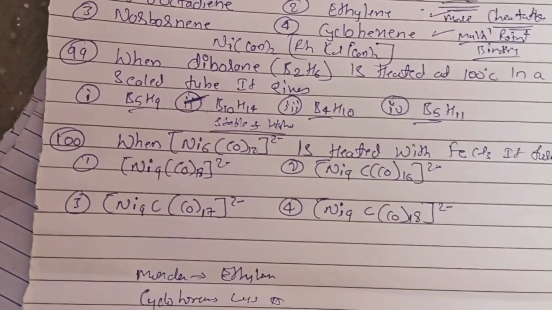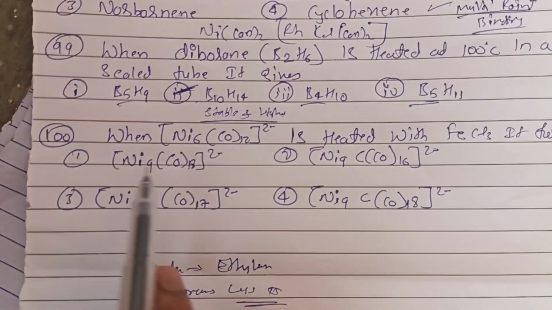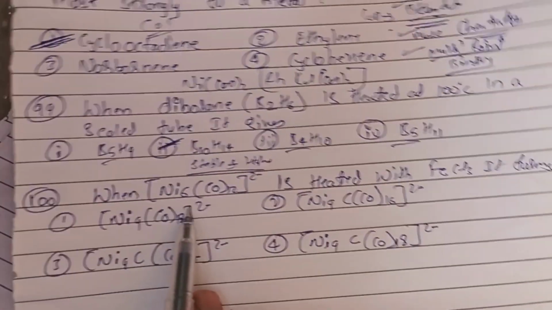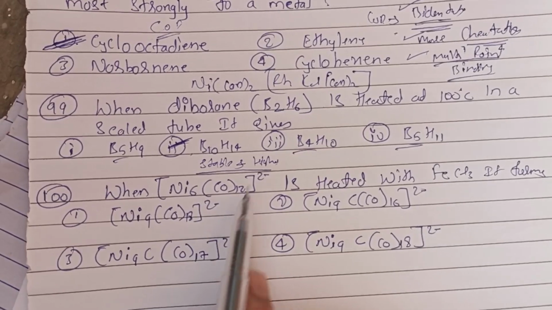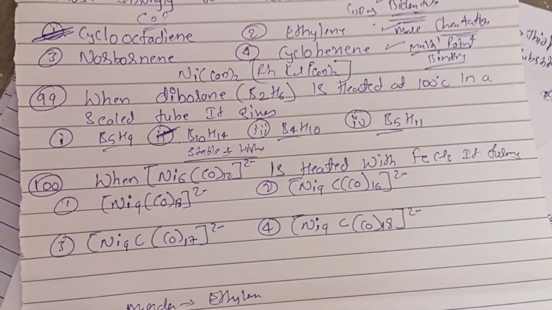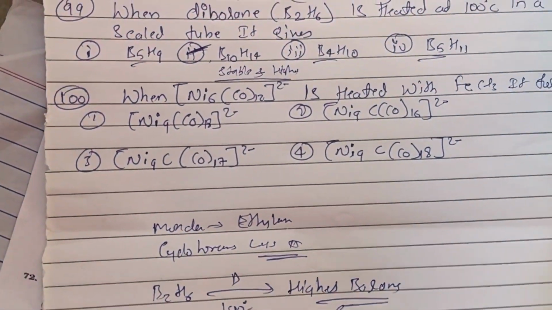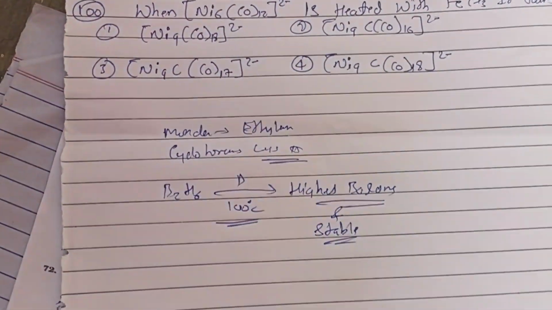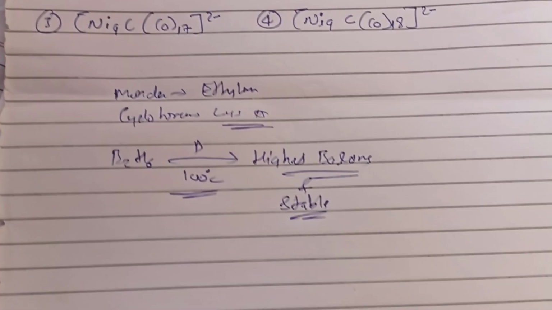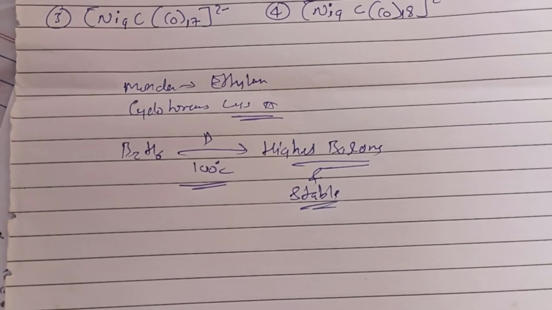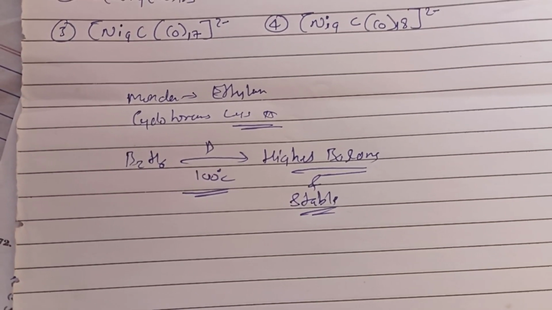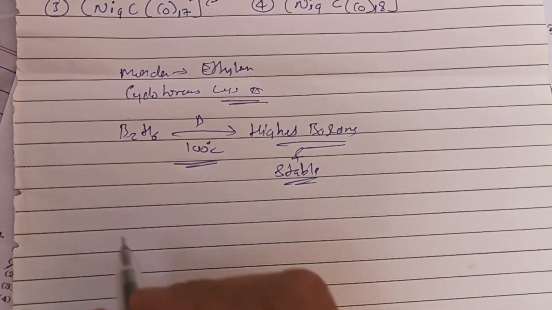Then the 100th question: when Ni6(CO)12 2- is heated with FeCl3, it forms what? This is the chemistry of nickel. Since these are nickel carbonyl clusters, there will be redox condensation and cluster formation.